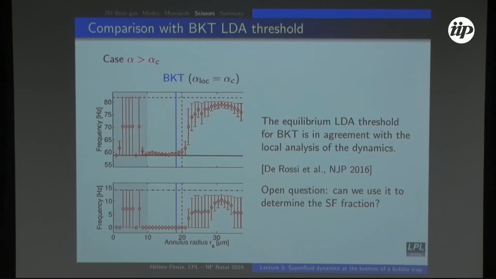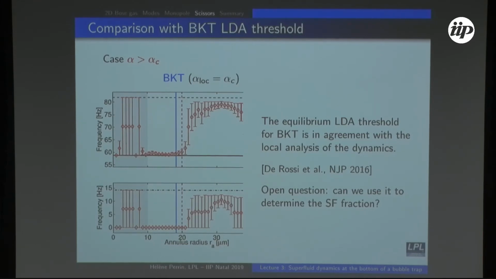But I said, okay, what is relevant is my local value of alpha, where I remove the potential energy, because I know that the density is smaller because of the trap on the edges. So now my alpha in the center is a peak alpha, but on the edges it is smaller. So scanning the radius is like scanning alpha.